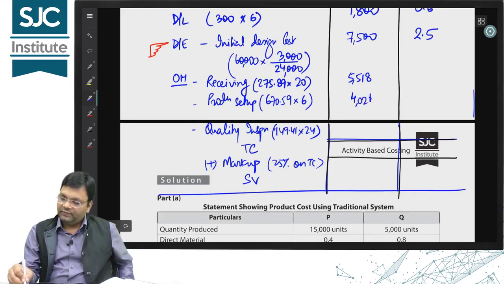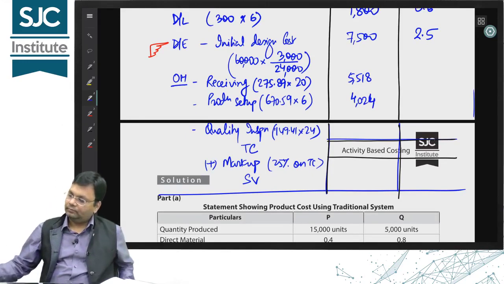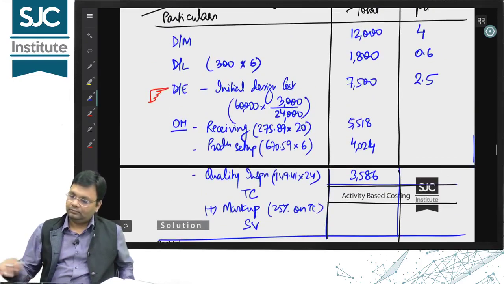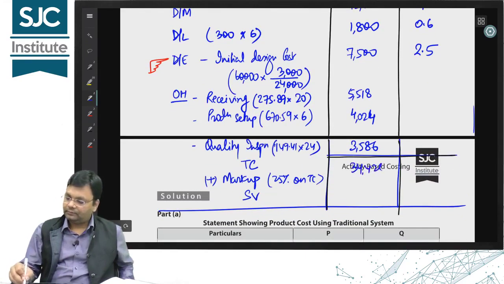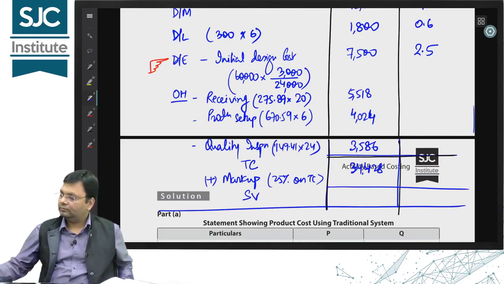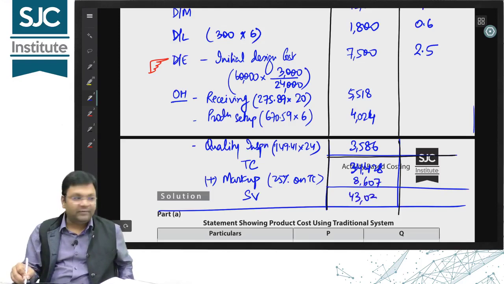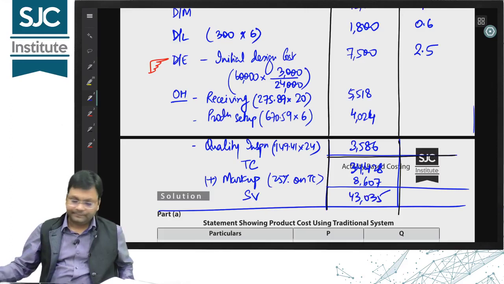Four, 4024. 3586. 4428. 8607. 43035, then divided by 3000 is 14.345.